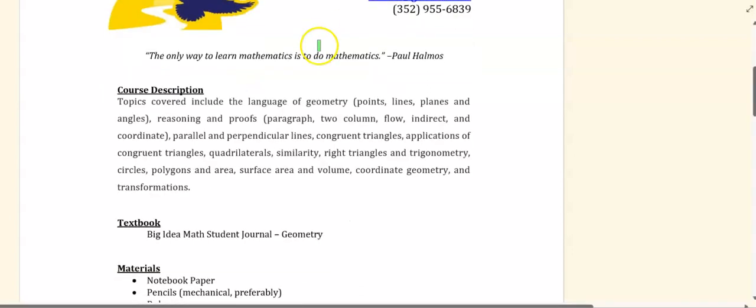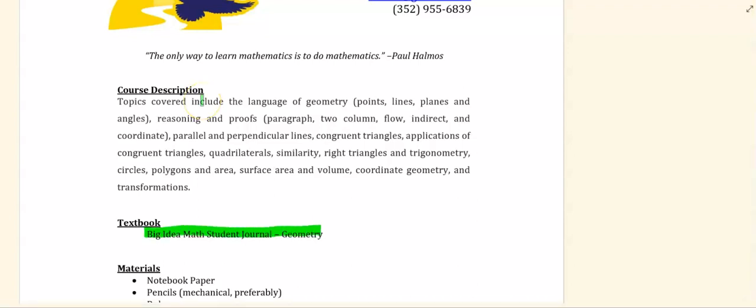The textbook that we'll be using is called Big Ideas Student Journal Geometry. I'm pretty sure you will have a consumable, but if you were with me last year, you know I don't really use the textbook so much. It'll be a resource for you.